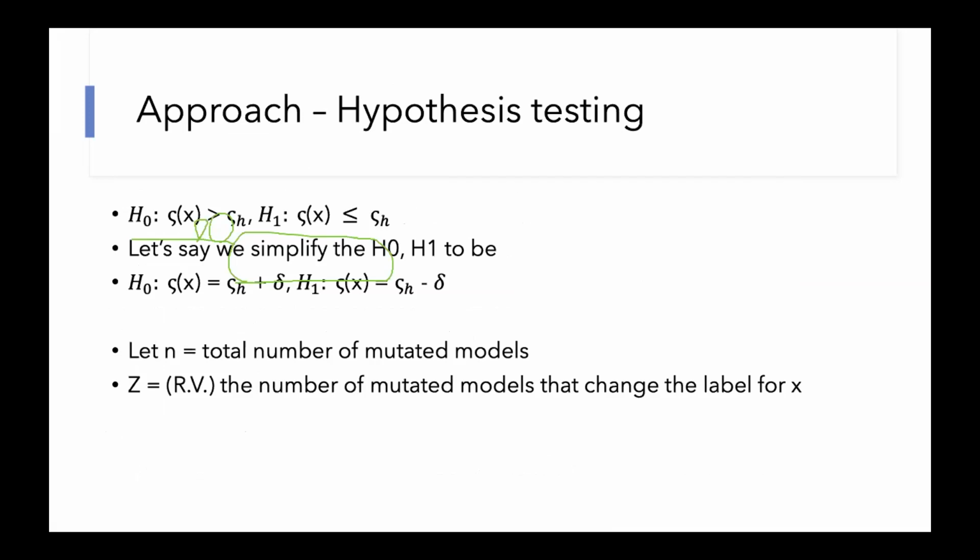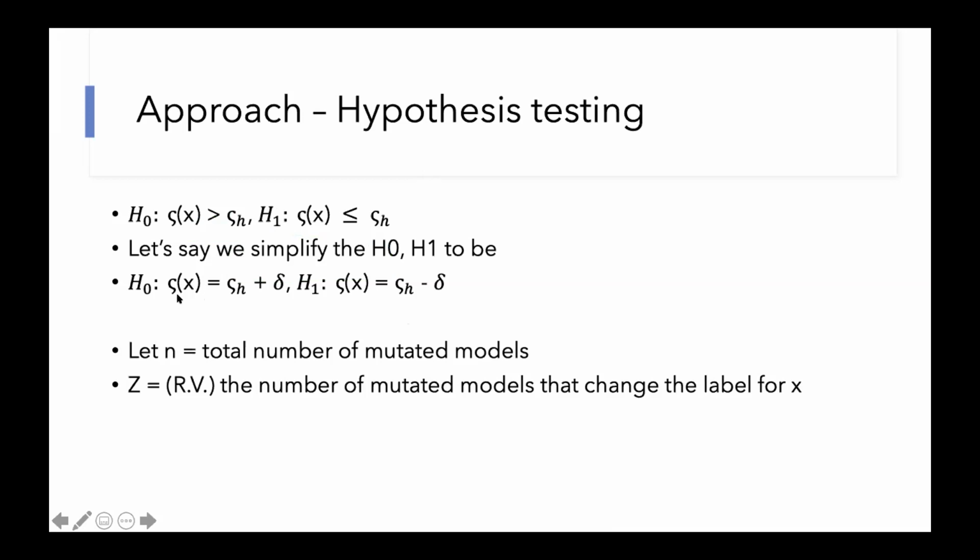So this hypothesis. I think we do this simplification just for ease of testing, because it is not easy to test inequalities, but we can test equality. What is the point of the delta? The H0 and H1.